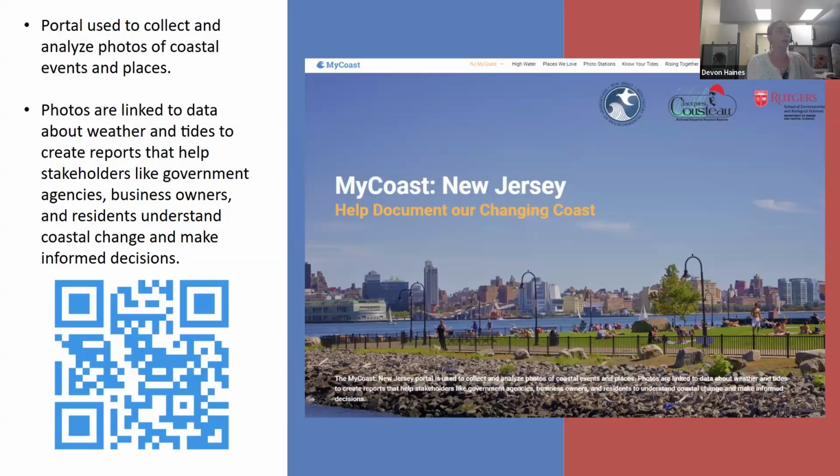And we encourage people to get out in their state and take different photos depending on what your state tools are, and help stakeholders like government agencies, business owners, NGOs, things like that, help make informed decisions.